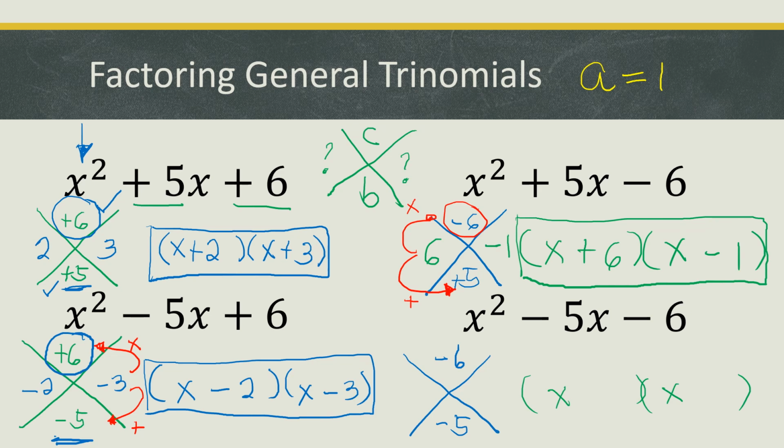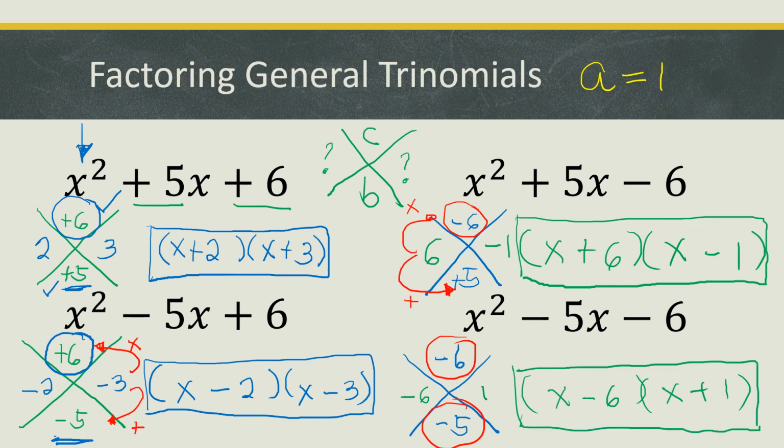In this case, we have negative 6 and a positive 1. Once we multiply, we'll obtain negative 6. And once we add, we'll obtain a negative 5 for the B value. So therefore, we have now minus 6 and plus 1. And these are the factors of our fourth expression.